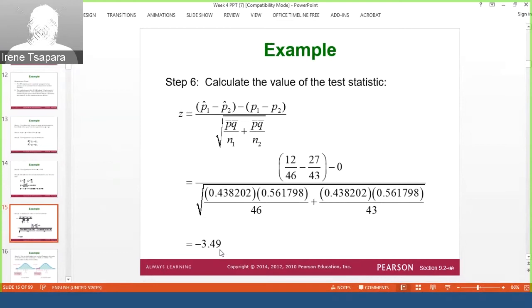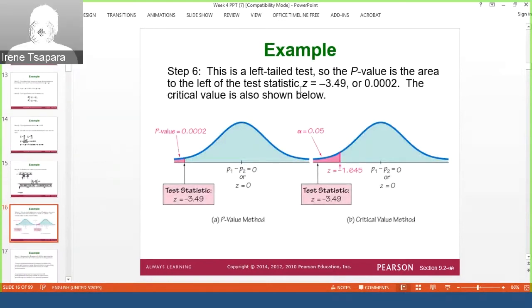So what is this? This is the z-score that corresponds to the difference p1 hat minus p2 hat. If you assume that the difference of the two samples follows the normal distribution, then the corresponding z-score is negative 3.49.